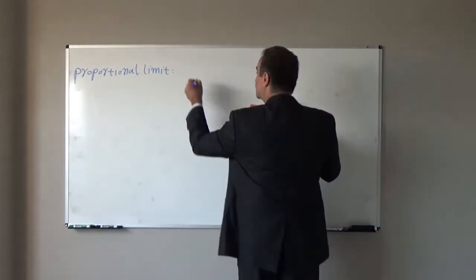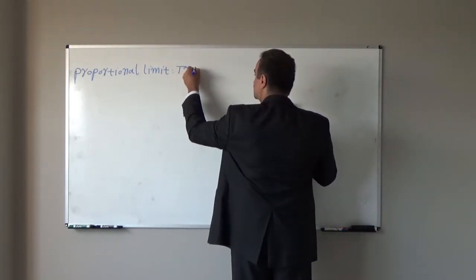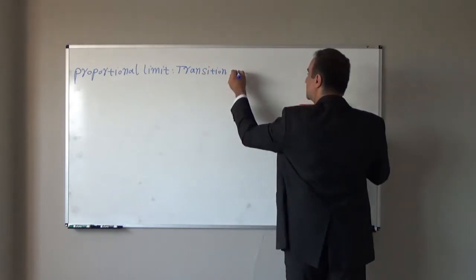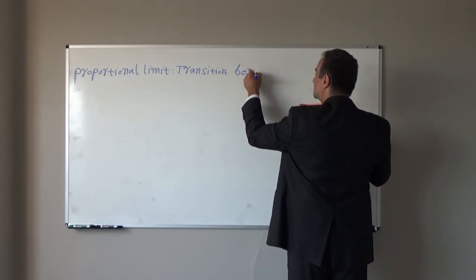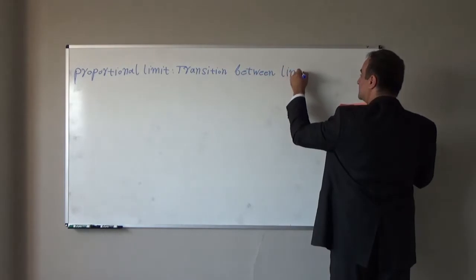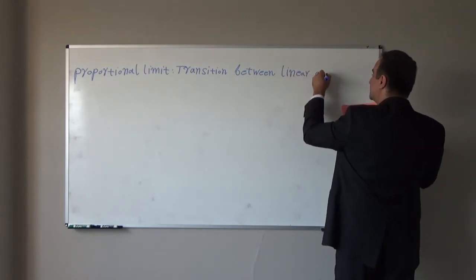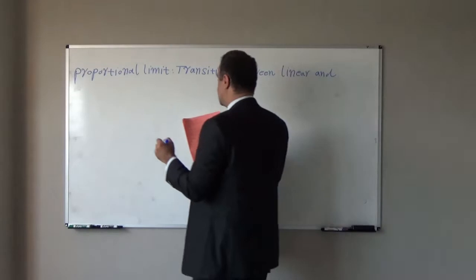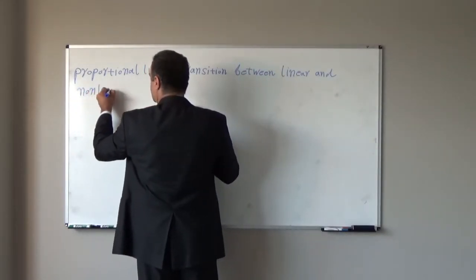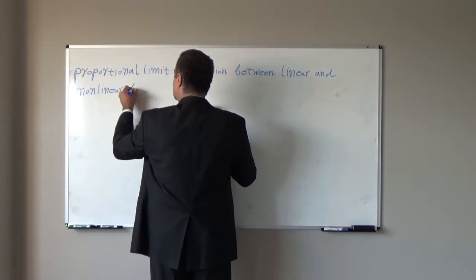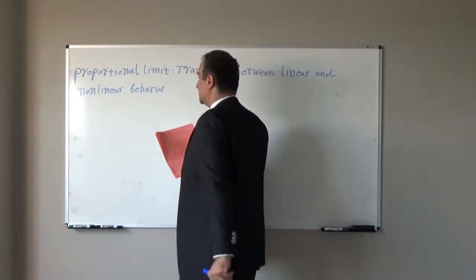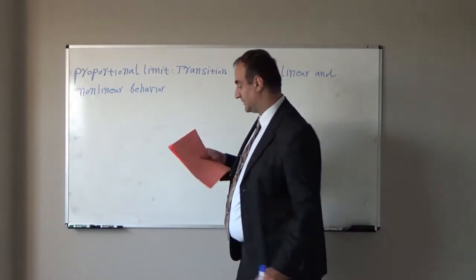Proportional limit is the transition between linear and nonlinear behavior. We call it proportional limit.